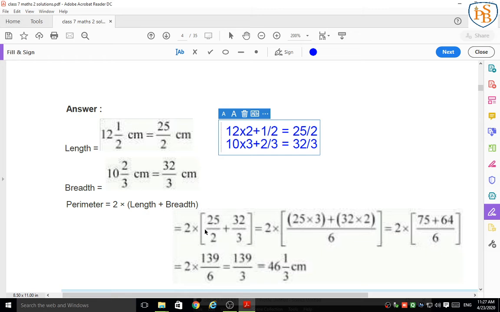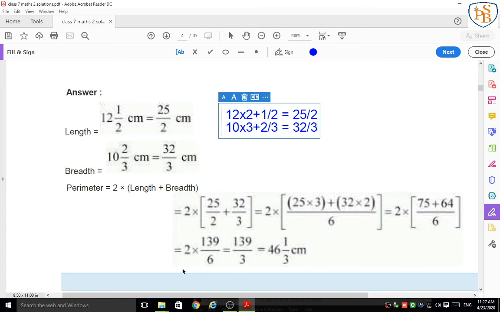So we have to multiply this 25 upon 2 fraction with 3, and we have to multiply this fraction 32 upon 3 with 2. So 25 into 3 plus 32 into 2 upon 3 2s are 6. Look at here, 2 into remains the same. 25 3s are 75, 32 2s are 64 and upon 6. So 2 into 75 plus 64 becomes 139 upon 6.